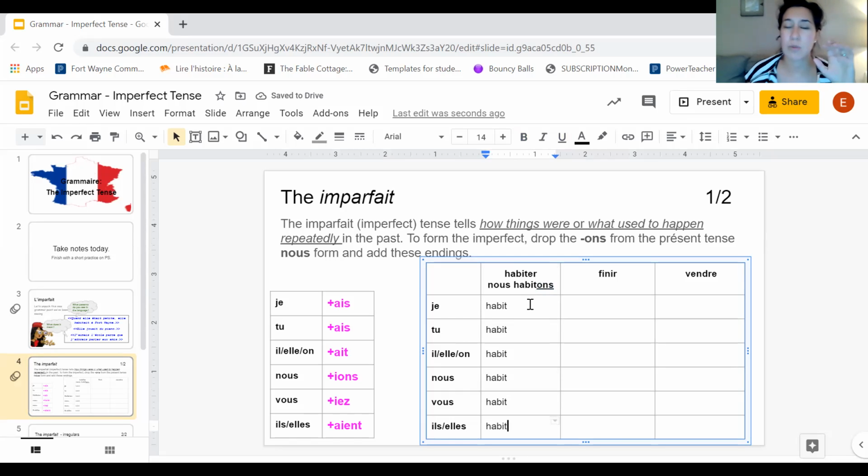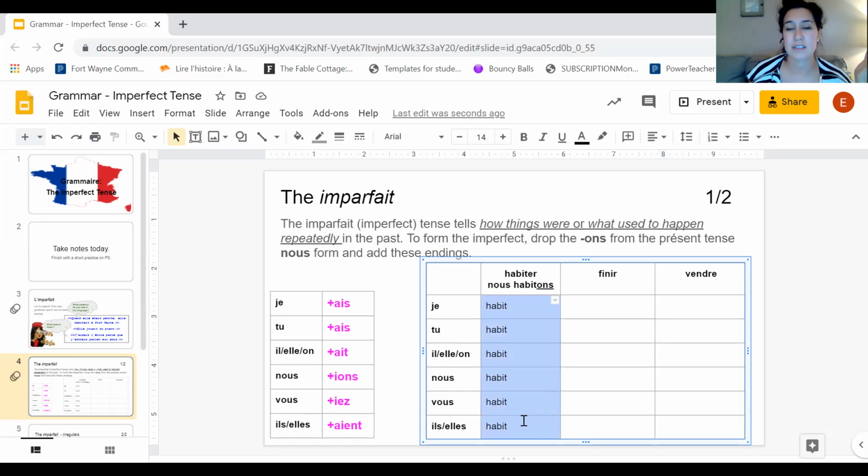Okay, so that's what we call our stem. The first part is what we call our stem. And then this is our endings, and then we would go ahead and add the ending.